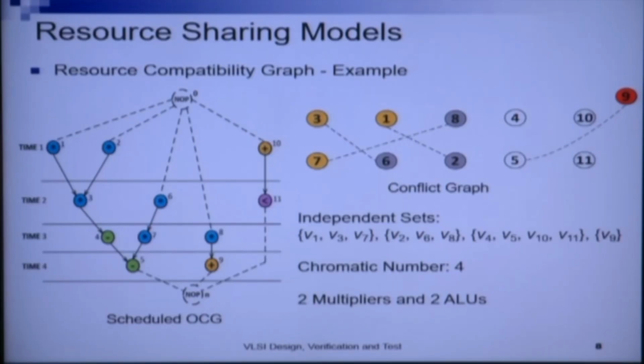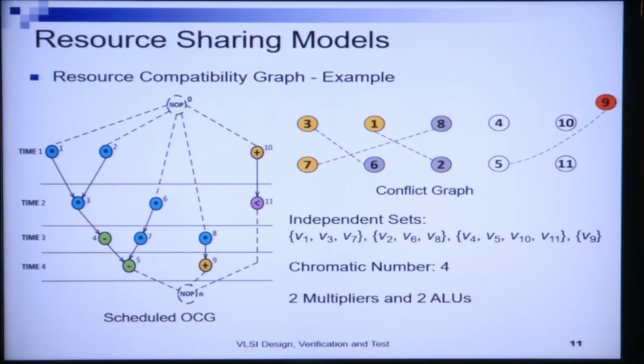It is important to note here that the cliques in the compatibility graph are now independent sets in the conflict graph. The chromatic number here, same as the clique cover number in the compatibility graph, is 4, and therefore, we again require 2 multipliers and 2 ALUs. Allocation and binding will again be same.